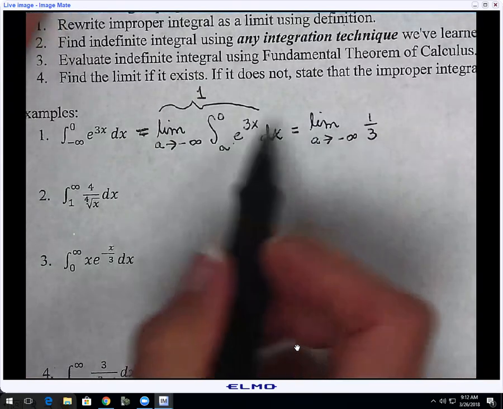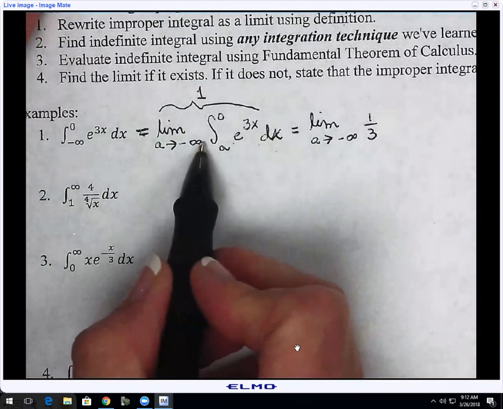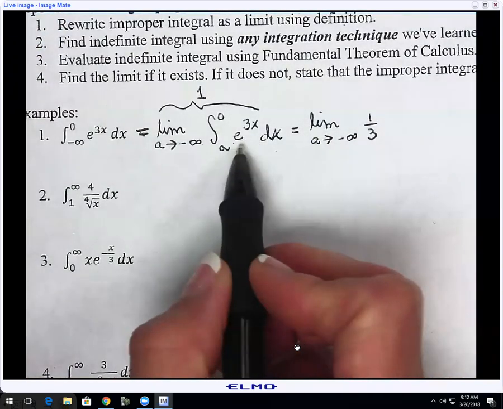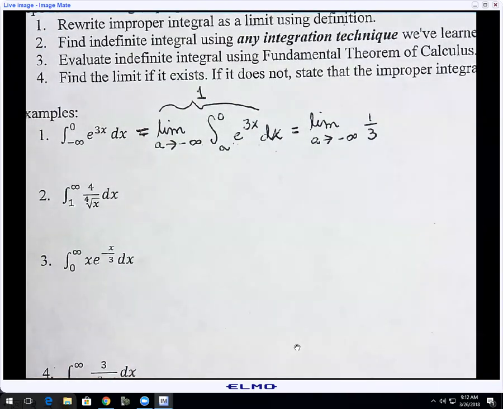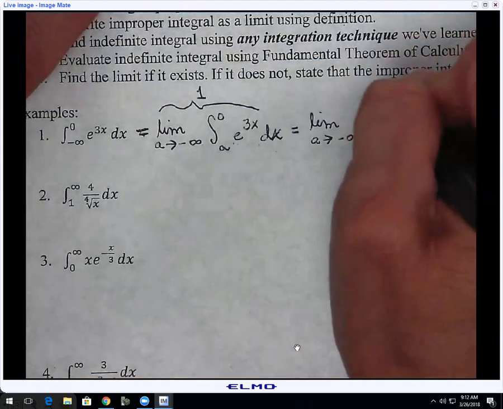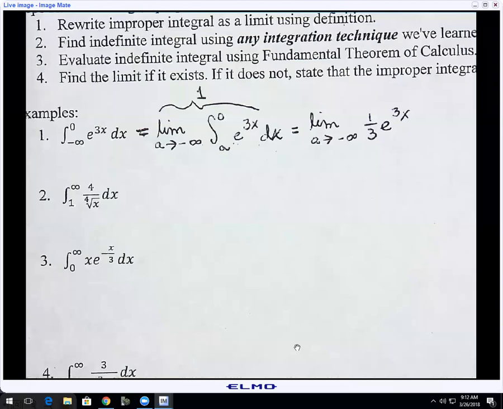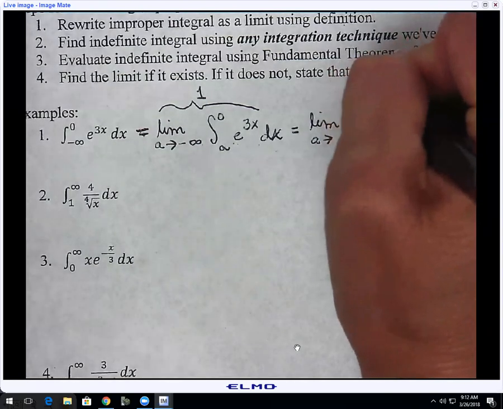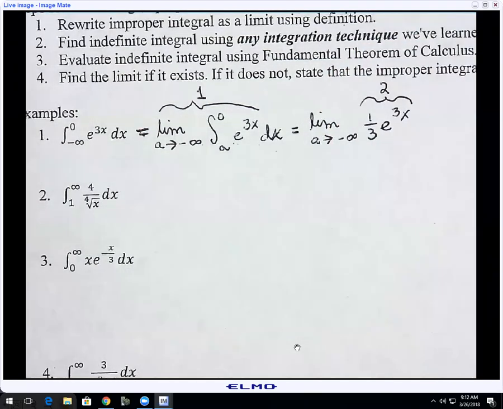And then if I did have a 3 here by putting a 1/3 here, what's the antiderivative of e to the 3x? So that's step 2. I found the indefinite integral.